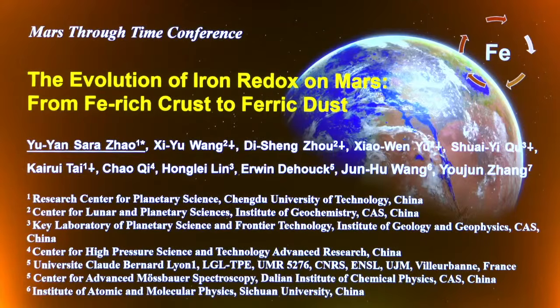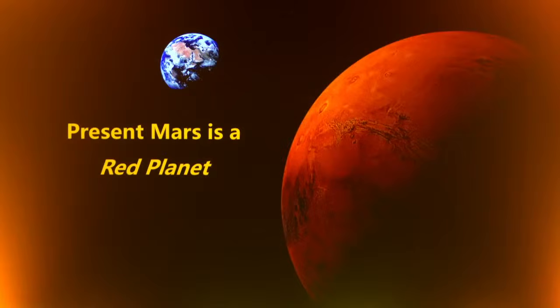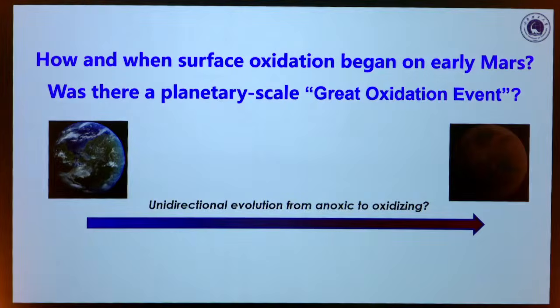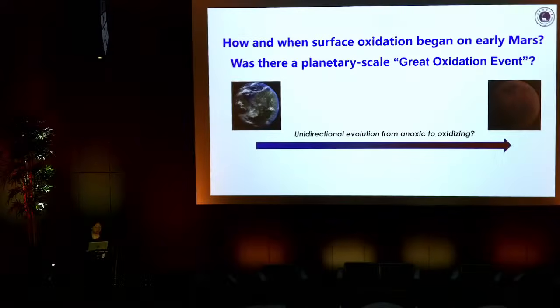So we now know that Mars is a red planet, and we have identified various secondary ferric minerals on the Martian surface. One of the key questions we are asking is how and when did the Martian surface begin to oxidize? Do we need planetary-scale oxidation events, like great oxidation events, on Mars to produce what we have seen today?